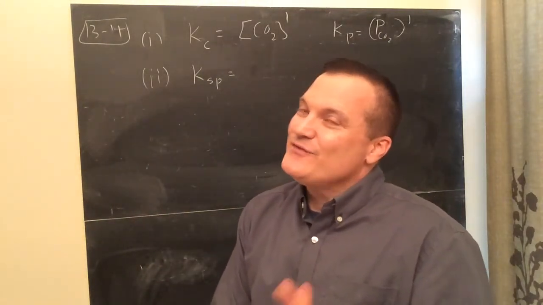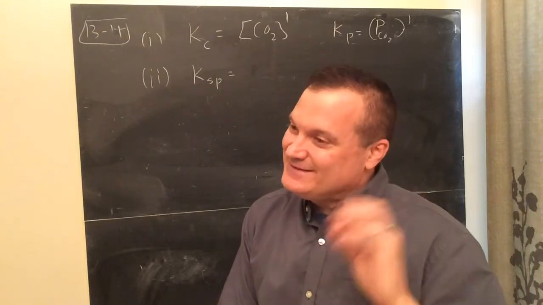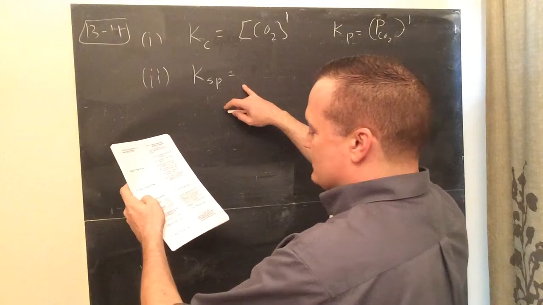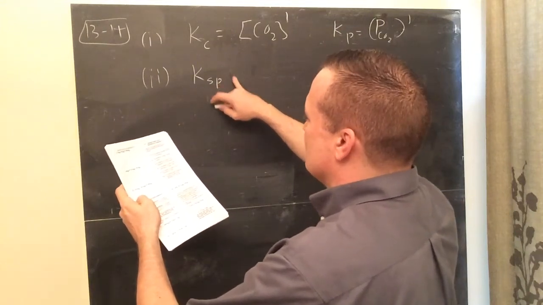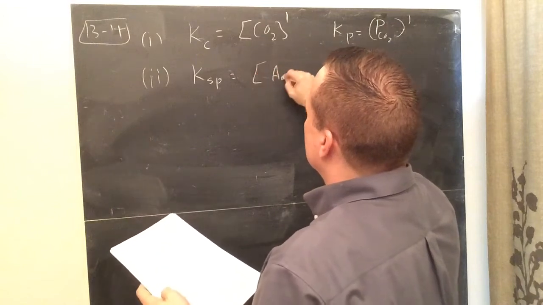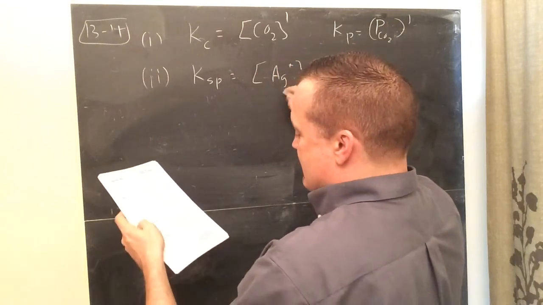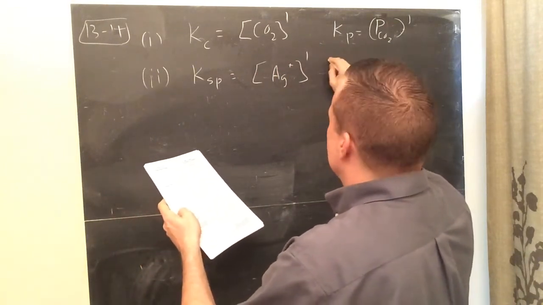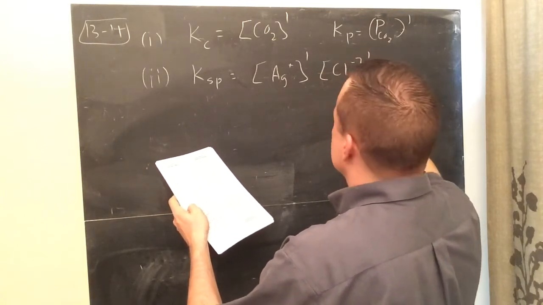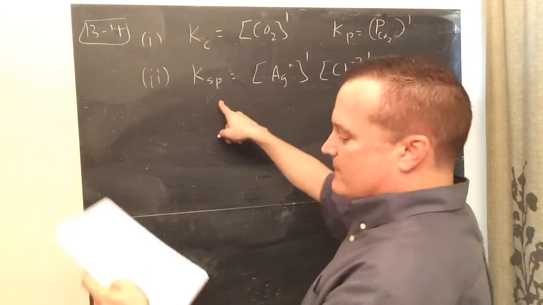Well, all those rules we told you, they're a little bit not true. They dissolve a very small amount, but it's really small. And you'll find that out, again, in the next chapter more. But so the Ksp expression will be silver ion molarity to the first power times chloride molarity to the first power as well. And there's nothing on the bottom because it's a solid.